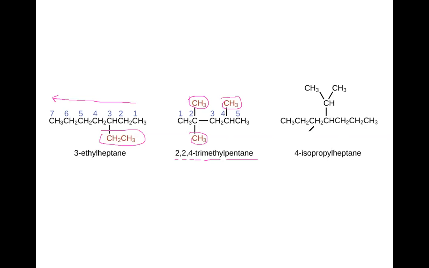Here, 4-isopropylheptane. Why heptane? Well, because this is the longest chain, and there are 1, 2, 3, 4, 5, 6, 7 carbons, so it's heptane. It doesn't matter if we number it left to right or right to left in this case, because it's still going to be the 4th carbon.